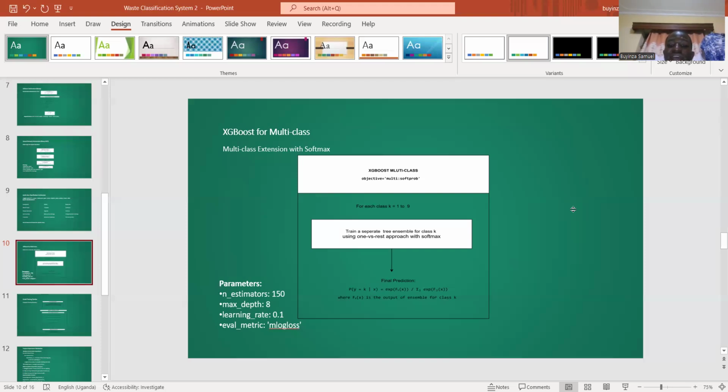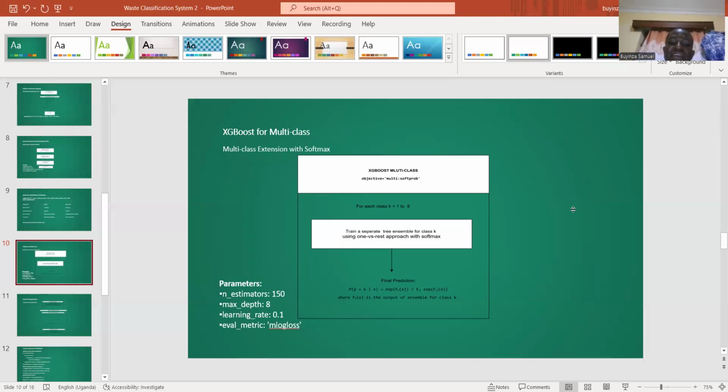So when we train a separate tree ensemble for class k, using the one-versus-rest approach with softmax, it finally gives us the final prediction that results from training the model.